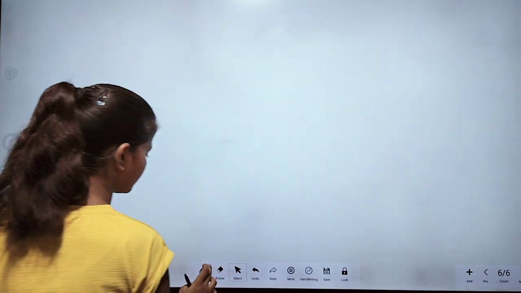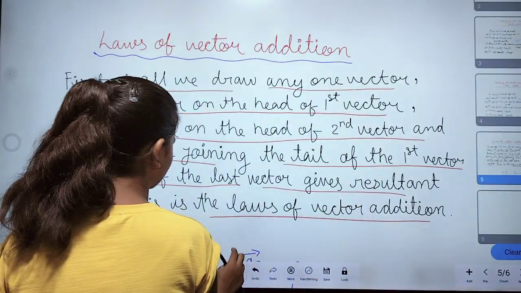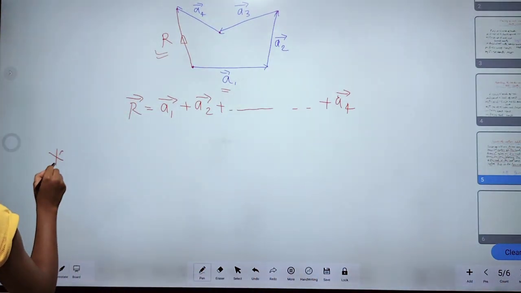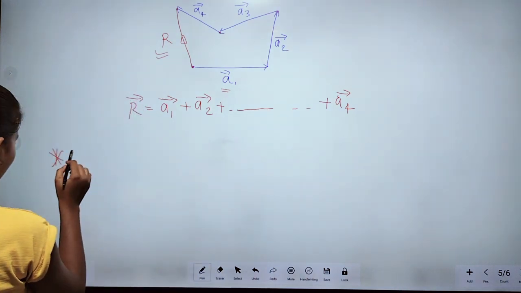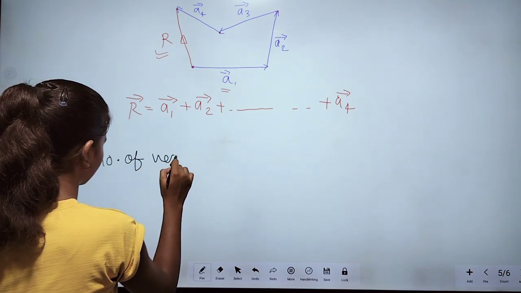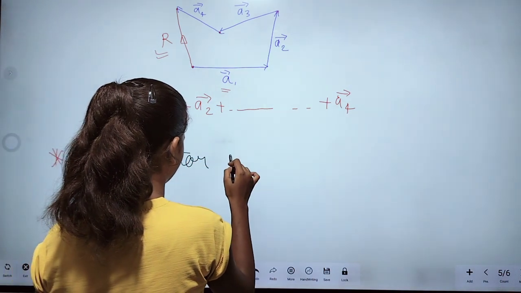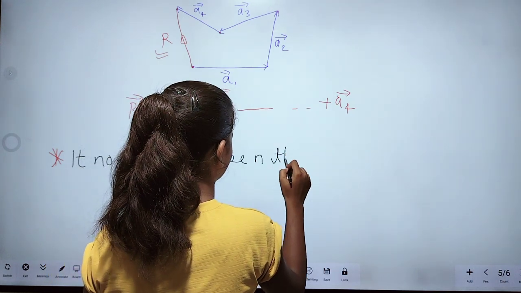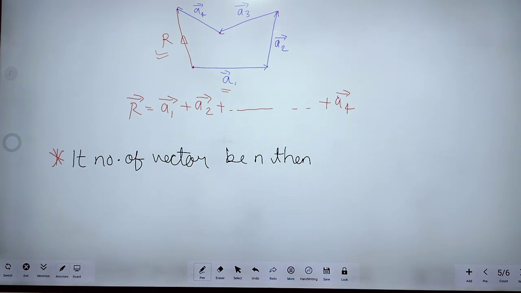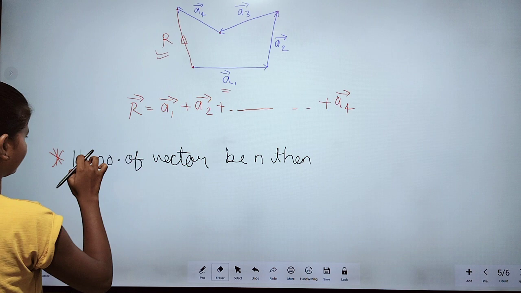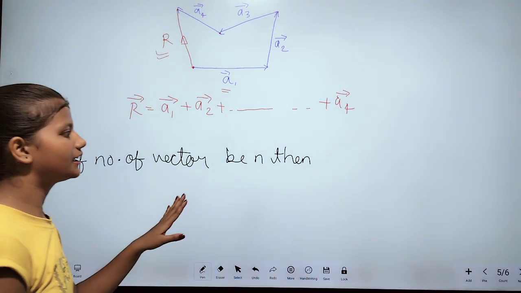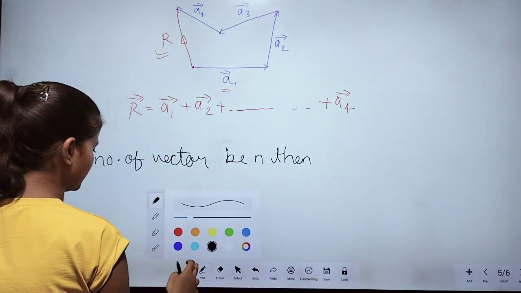So let's see one related point. If the number of vectors is n, then what is the resultant?